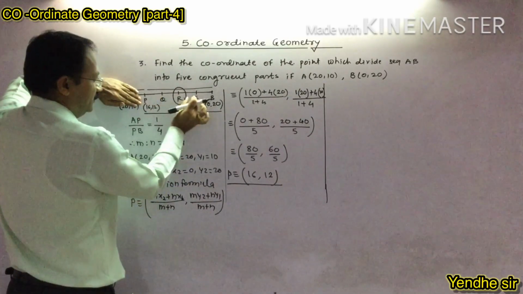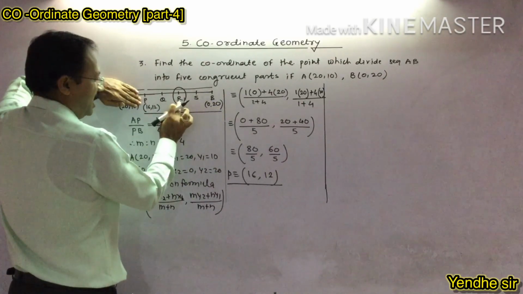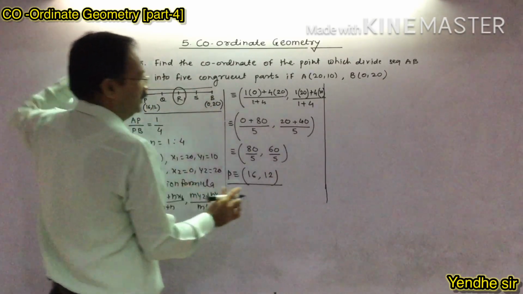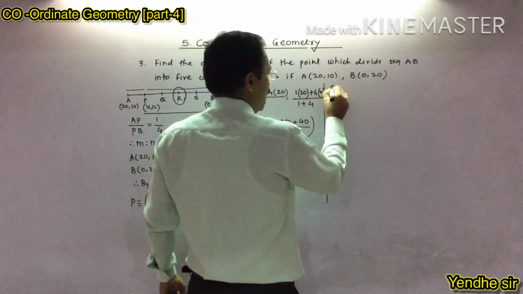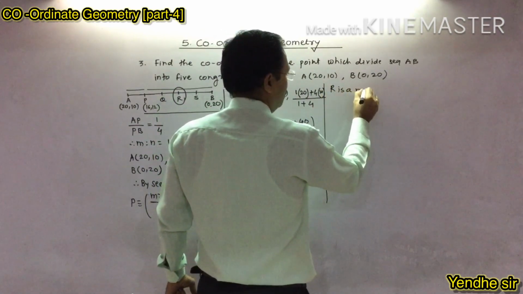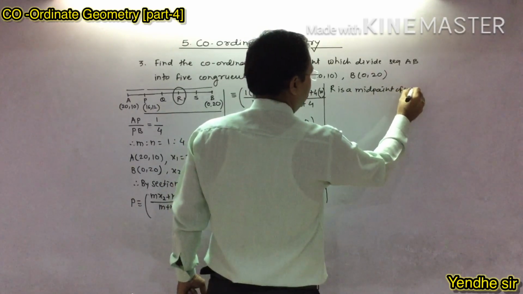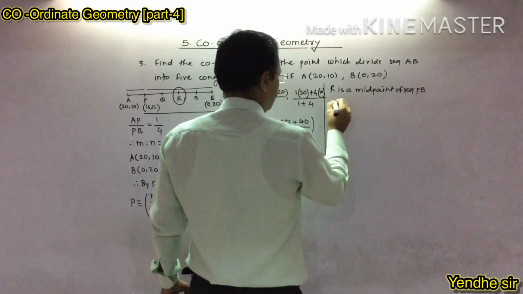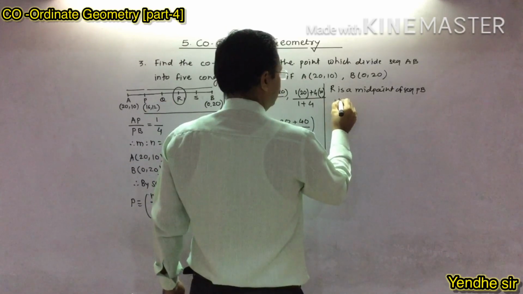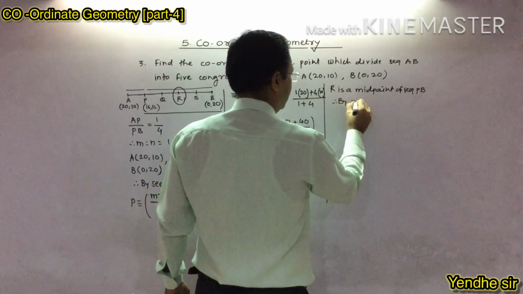These are the two parts and these are the two parts. Therefore, R is the midpoint of segment PB, and therefore we can use the midpoint formula.